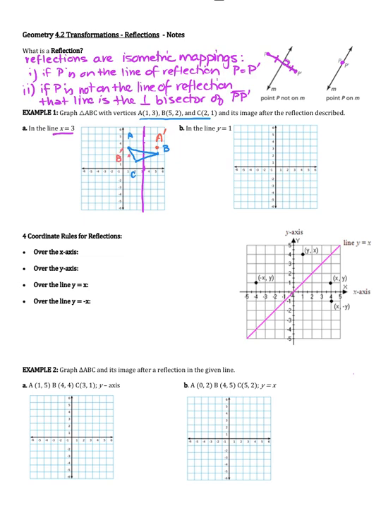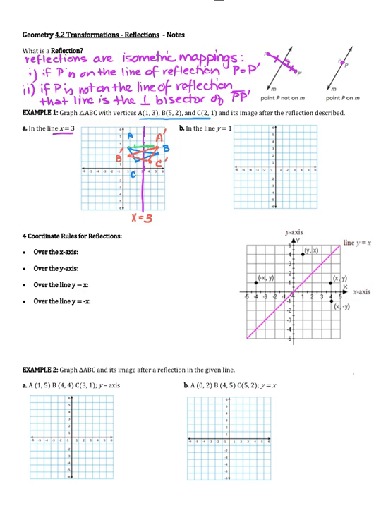And C, which is just 1 away, will be down here, and then you connect your vertices. So that would reflect it over the line x equals 3. You're always looking at the perpendicular distance and then going that same distance on the other side.